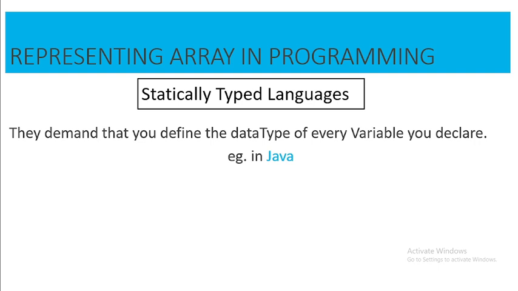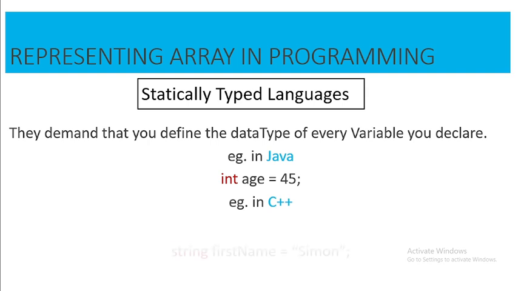For example, in Java, when you declare a variable that will contain an integer, you start with int. This int tells the computer that the variable you are declaring will hold only integers. The int is followed by the variable name, number, and then the value, so the data type is integer.